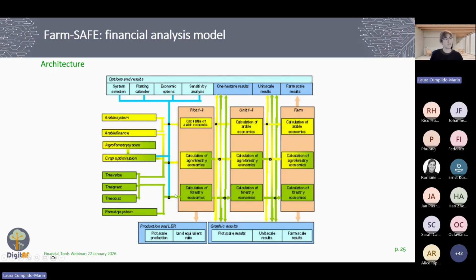So you have your arable system, all the finances related both to the arable and the agroforestry system, and you have all the data related to your trees, values, grants, costs, and there is a module that is specifically designed to provide basic input data as well as tweak and change a lot of things, including a sensitivity analysis and provide different scenarios that way.